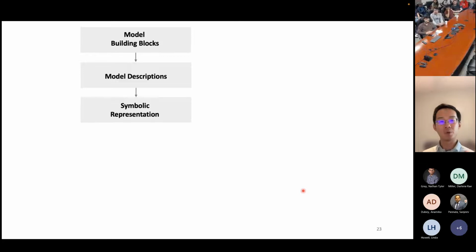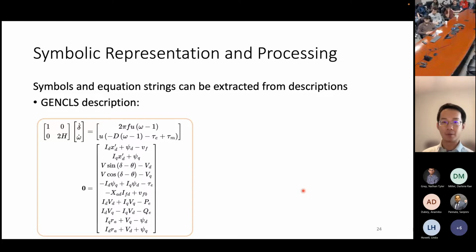So from the model description to the symbolic representation and simplification, we utilize the computer algebra tool, SymPy, also known as a symbolic tool. The symbols for the variables and the equations can be extracted from the model descriptions, as we have seen. This block here shows the equations that describe the classical generators. We have included all the algebraic variables for readability.